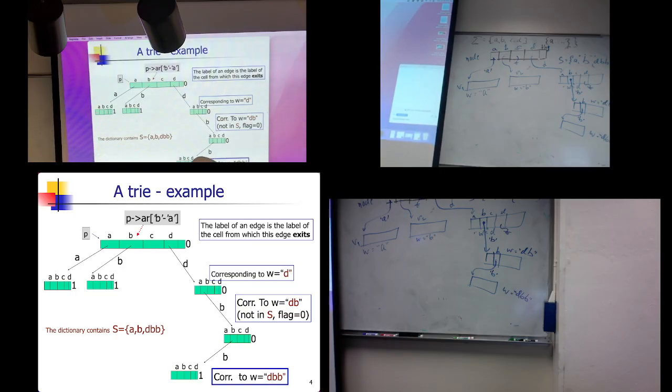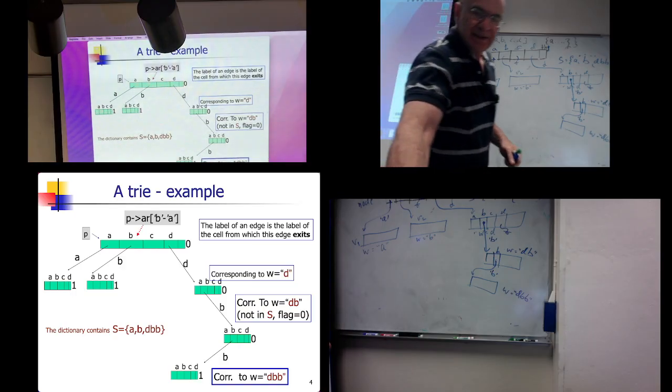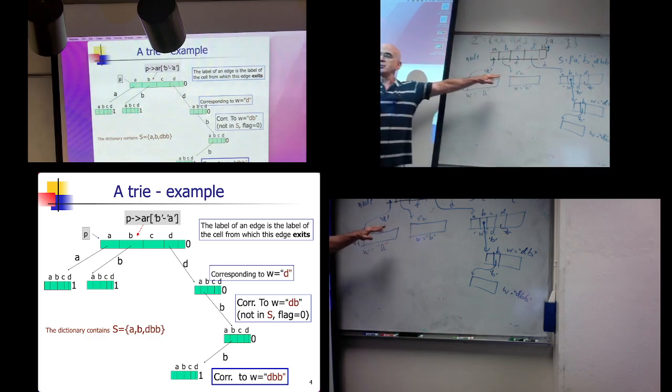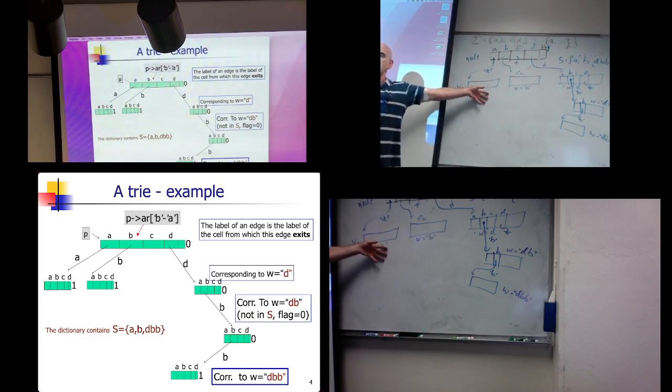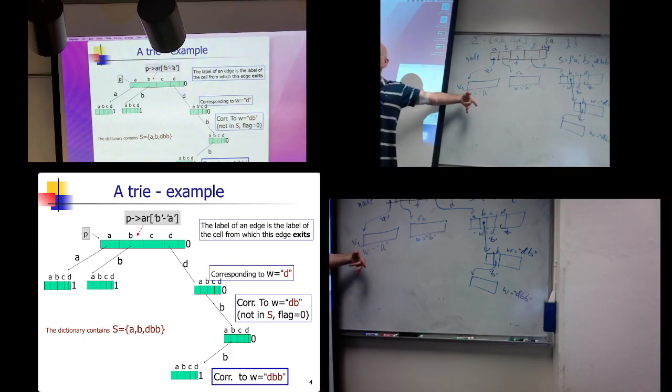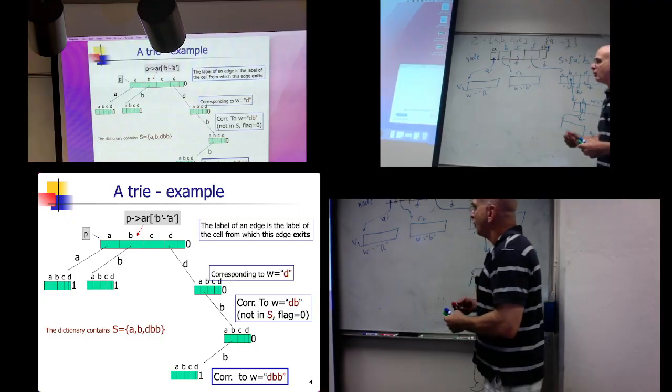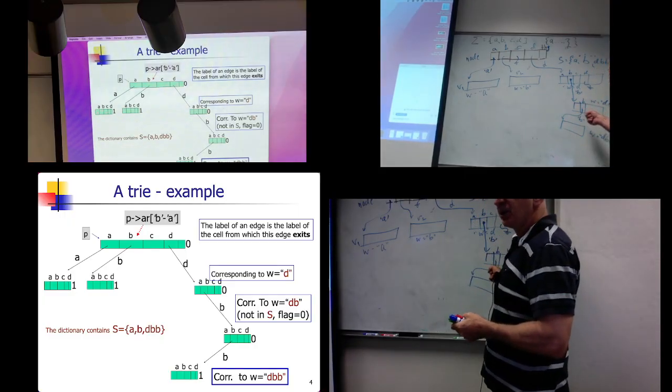Okay, and now let me remind you what the flags are saying. Every node that you see here corresponds to some word, but this word might be a name of a student in my class, or might be a name of a student that is not in my class, not in the dictionary. How do I know for a node if it's in the dictionary or not?